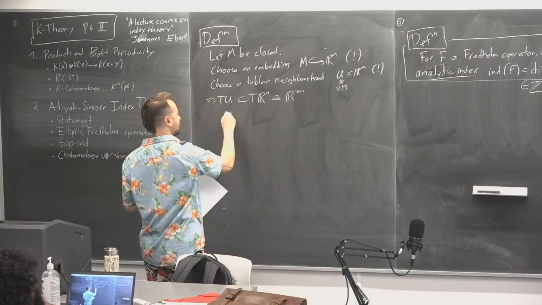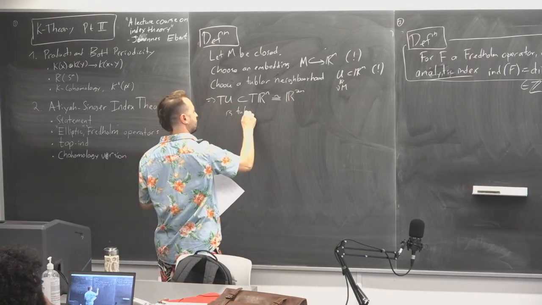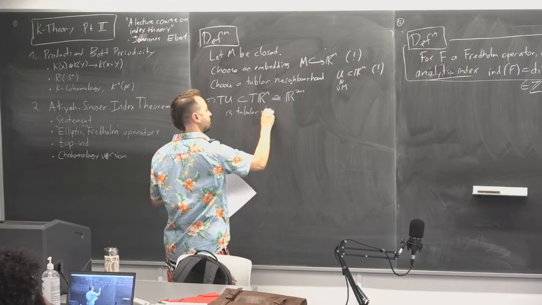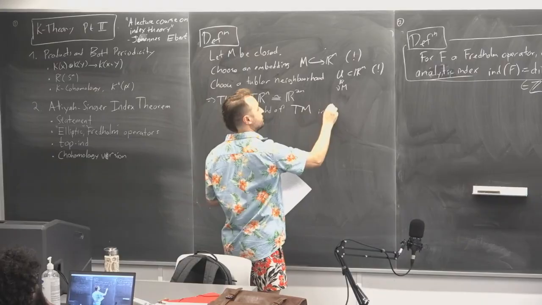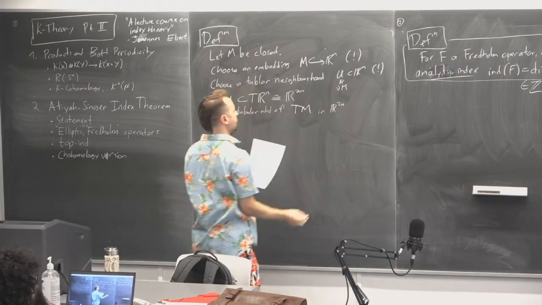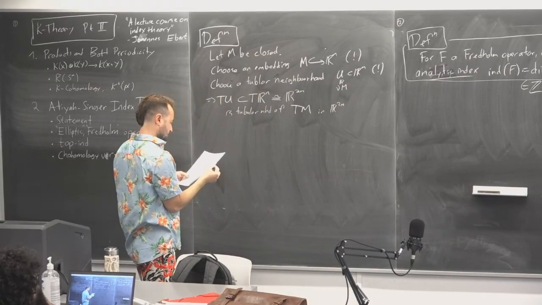And this is a tubular neighborhood of the tangent bundle of M in R^2n. Okay, so far so good.